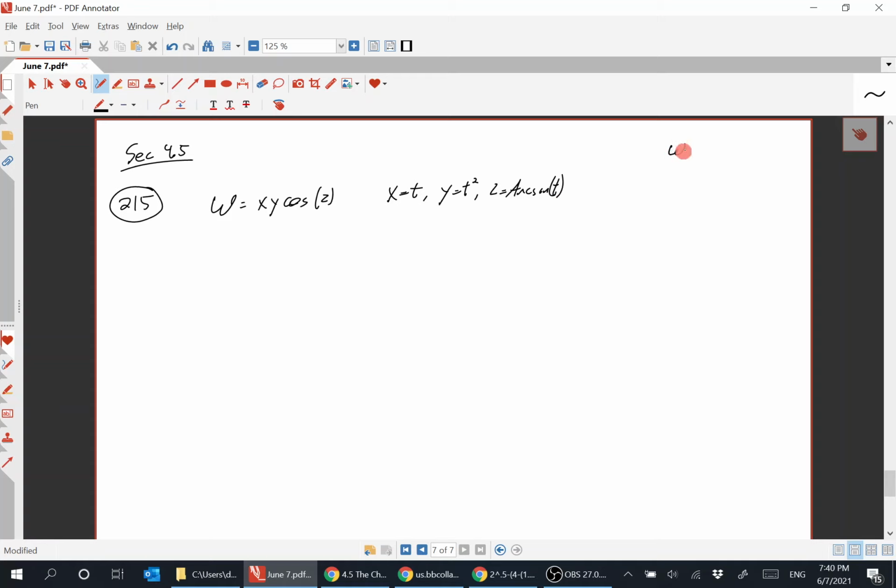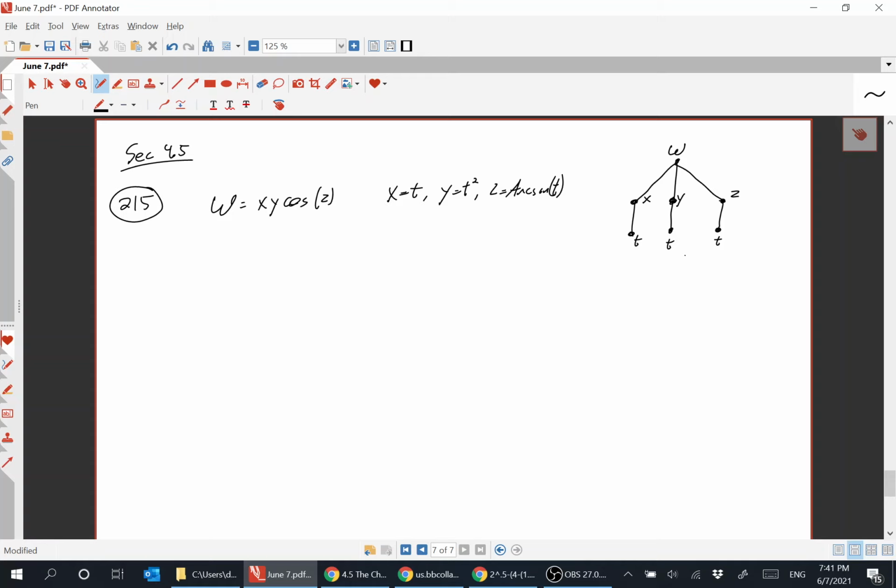Right, so we have this variable tree, where w, the original function, is a function of x, y, and z. x is a function of t, y is a function of t, z is a function of t. So ultimately, w is a function of t, right?